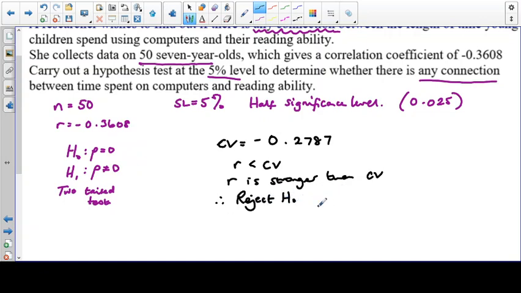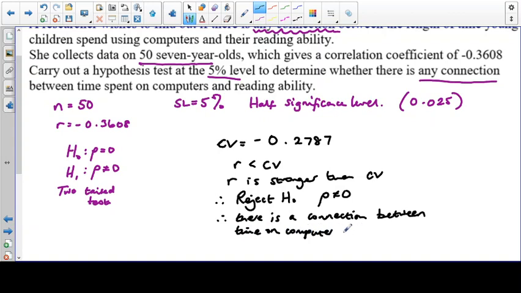We can say that rho is not equal to 0. I'm not saying that it's negative, I'm just concluding that it's the alternative hypothesis. And then because it's in context, I'm going to say there is a connection between time on computers and reading ability.